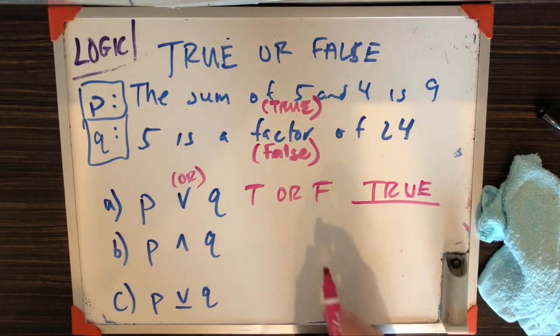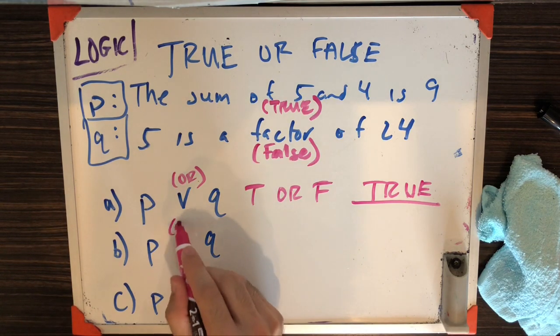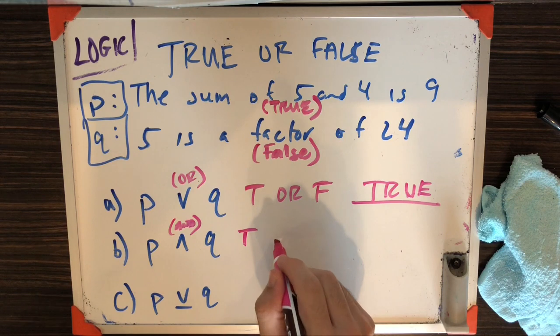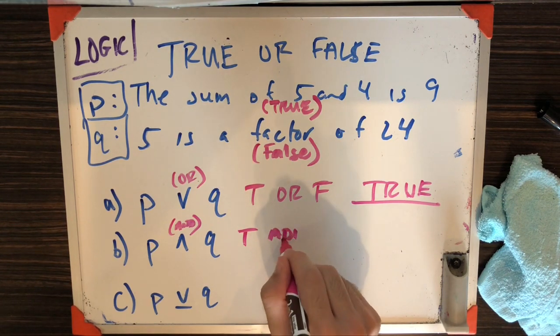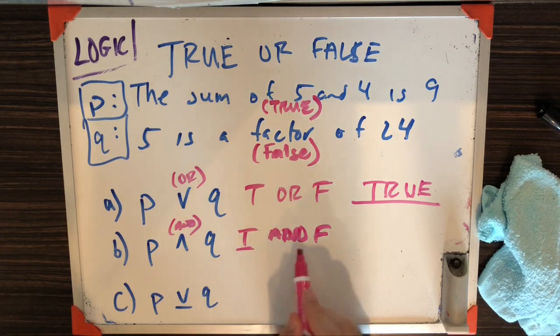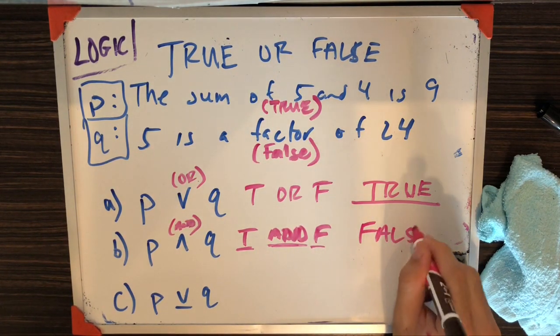This or that. P and Q, conjunction. Again, this is true and false. Both of these would have to be true in order for this to be true. So this would be false.